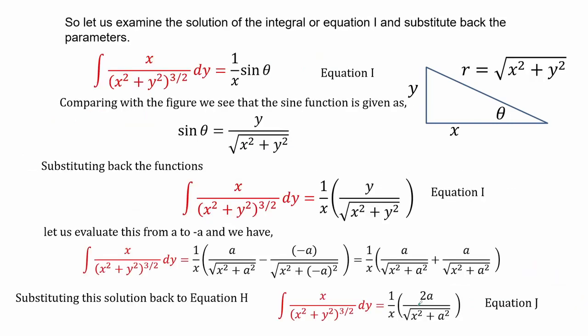So let us examine the solution of the integral, equation I, and substitute back the parameters. Comparing the figure, we see that the sine function is given as a ratio of y over the length r.